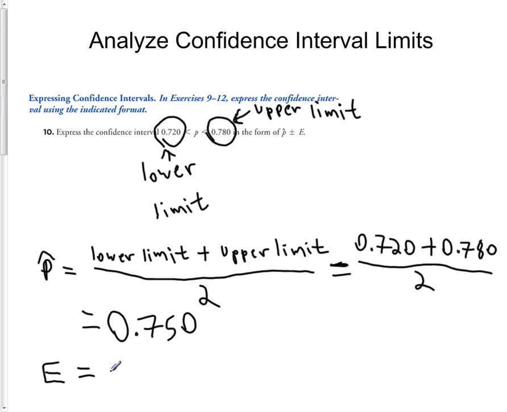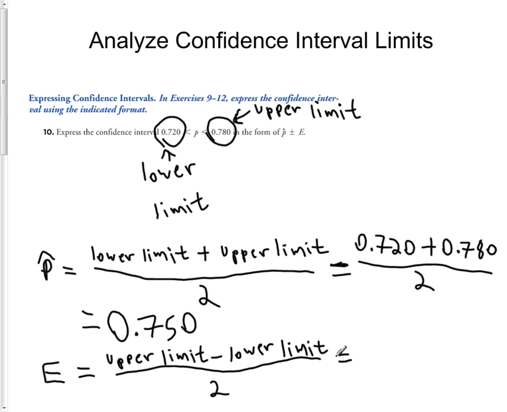So to do that, we can just take the upper limit and subtract from it the lower limit. That gives us the distance between the limits, and I want half that distance, so I divide it by 2.